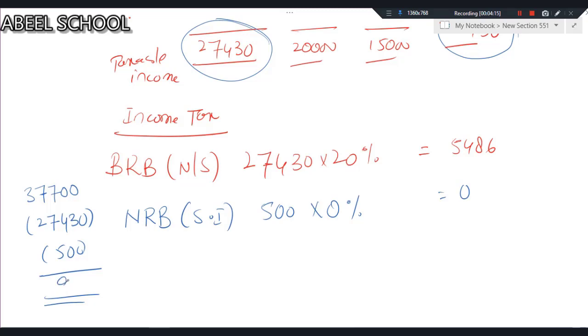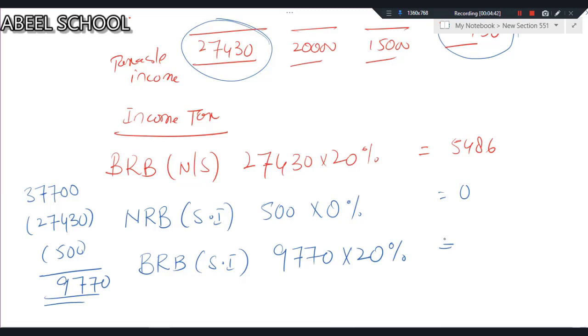In the basic rate band, we still have 9,770 unused. So basic rate band, saving income, 9,770 into 20%. I'm getting 1,954.